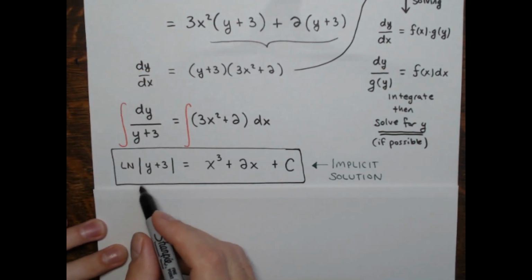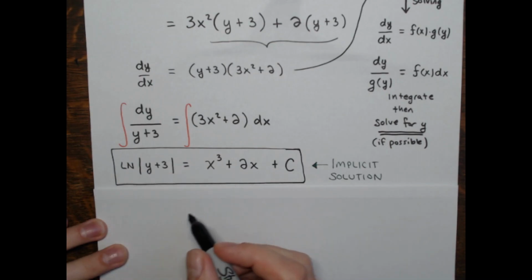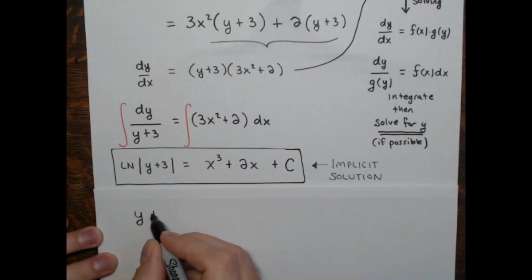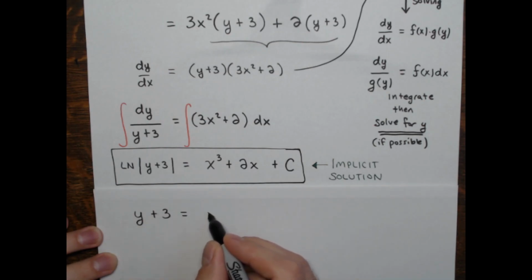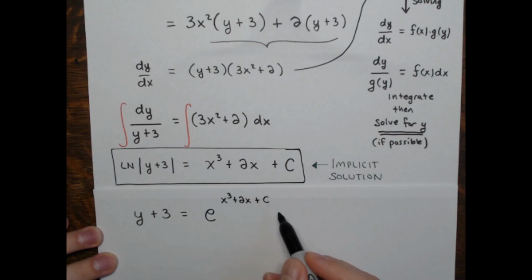So exponentiating both sides here, right? Making both sides a power on e, base e, you'd have y plus 3 on the left equals e to this x cubed plus 2x plus some constant, power. Now, another way you might see this written, I mean, this is totally fine right here, is when you see sums and powers, you can rewrite this as a product.